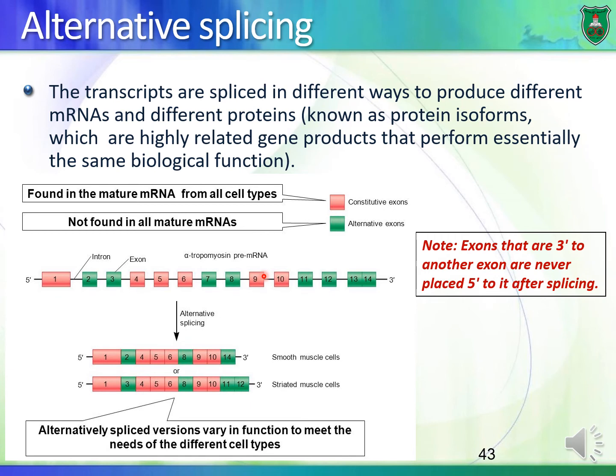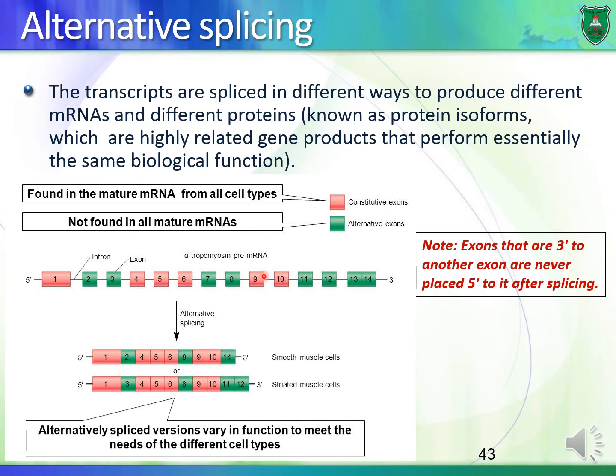Okay, they all have the same function. They bind to actin, they regulate actin, but they do so differently. So tropomyosin would have slightly different functions in different cells, and tropomyosin isoforms would be regulated differently as well in different cells depending on their needs.